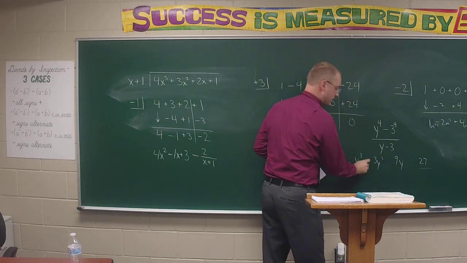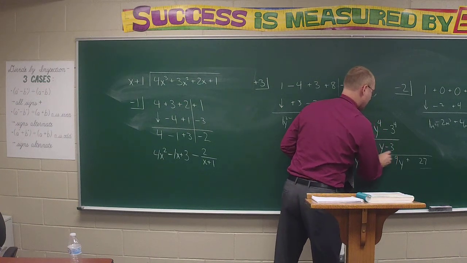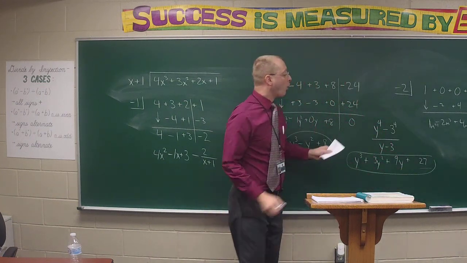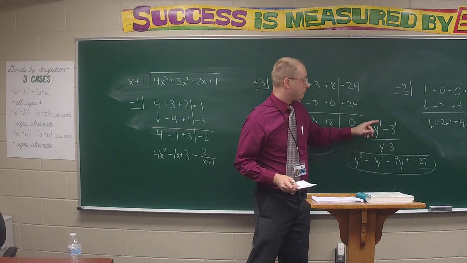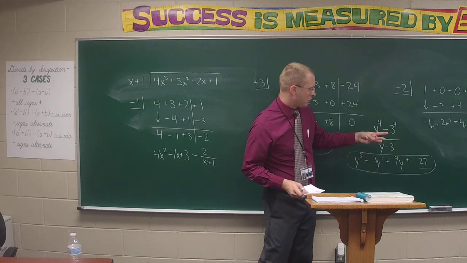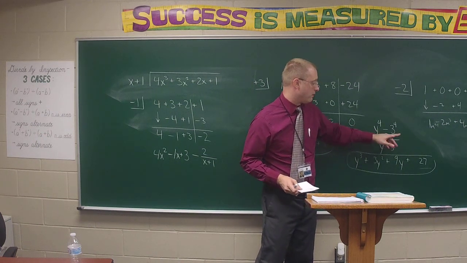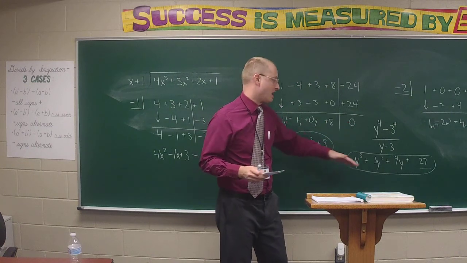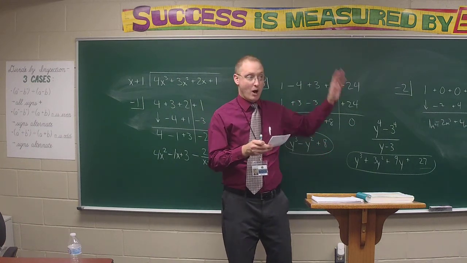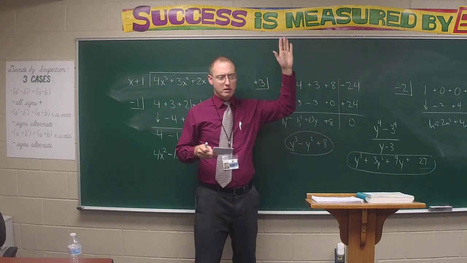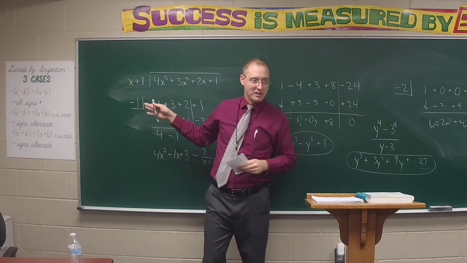Difference divided by difference, signs are all positive, and got the answer that way. Or you could have done a 1 plus 0 plus 0 plus 0 minus 81 with a +3 in the half box and gotten the same answer. How many got this answer regardless of how you worked it? Did anyone think to work the division by inspection on that one?